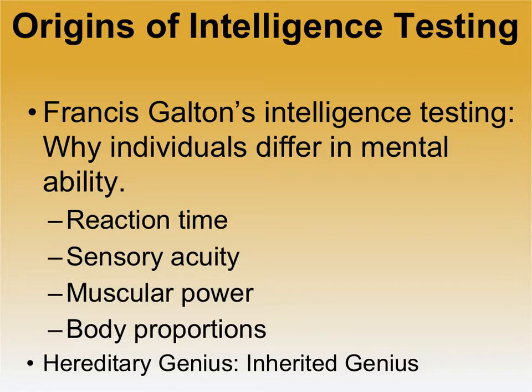As you may imagine, these four subscales do not correlate with our understanding of intelligence or ability. So to use terminology that we'll have again towards the end of these PowerPoints, his test had poor validity and poor reliability. It was not a good test.